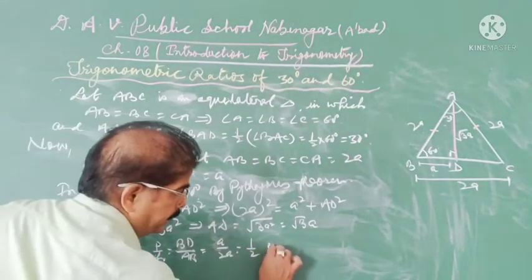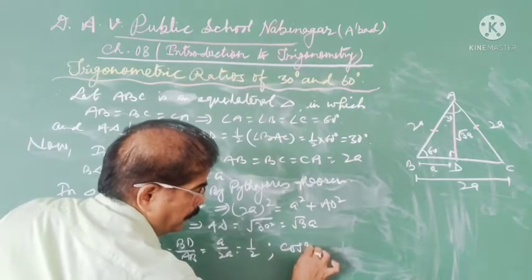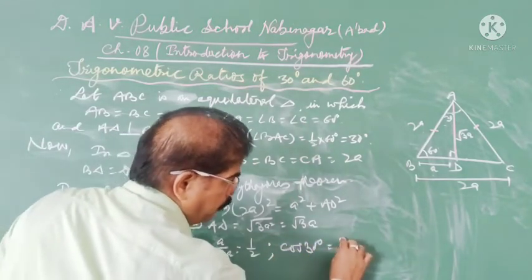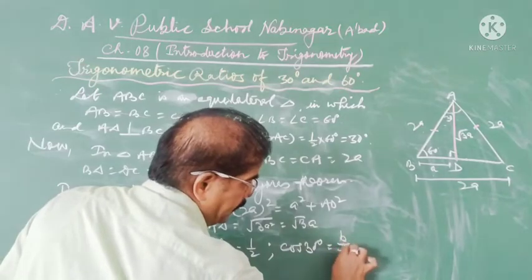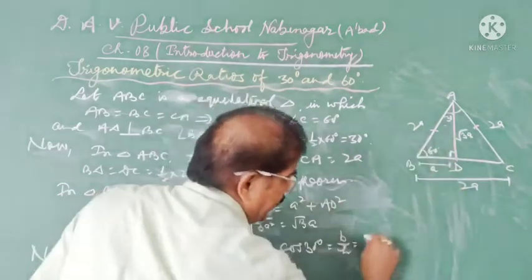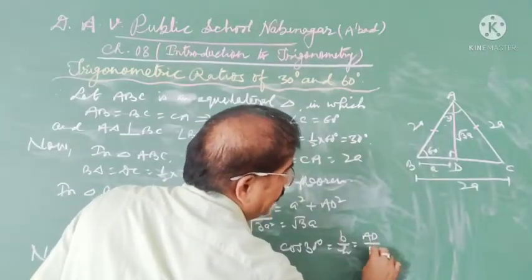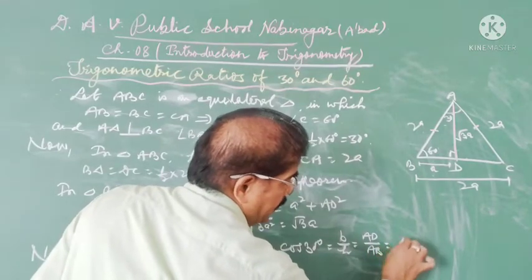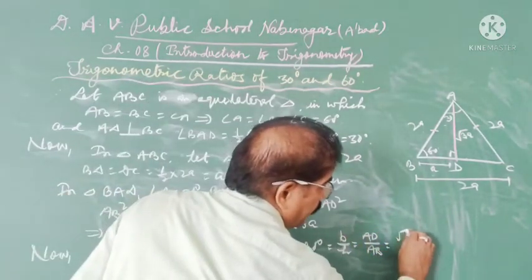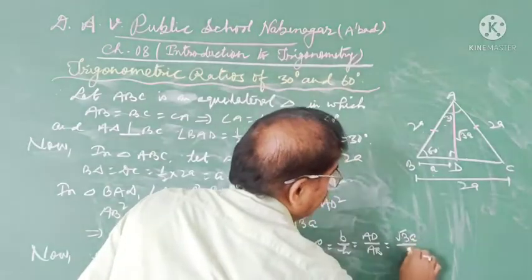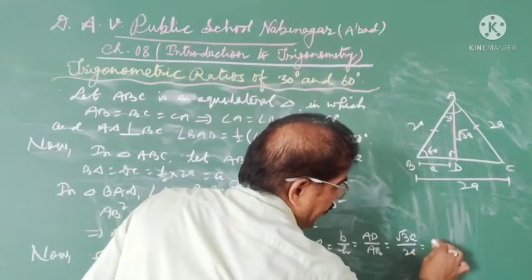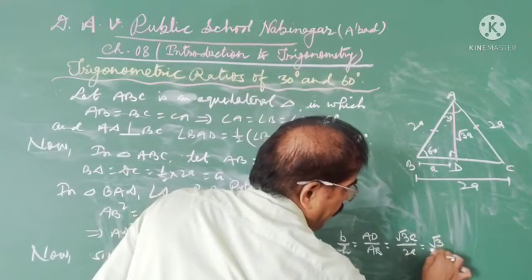Cos 30 equal to B by H, that is B is AD, H is AB, and AD equal to root 3 a by 2a, a cancel, so root 3 by 2.